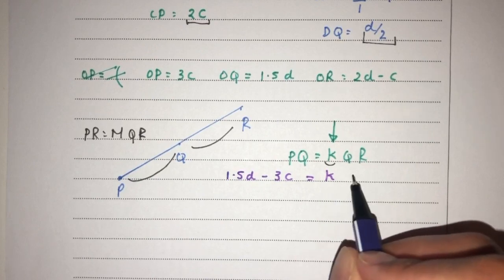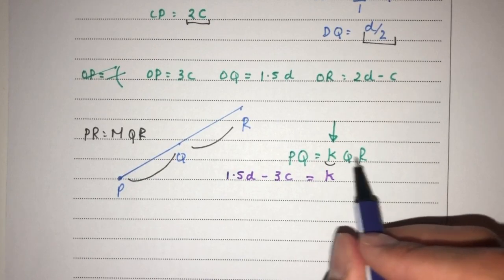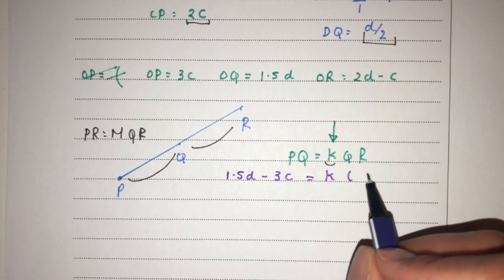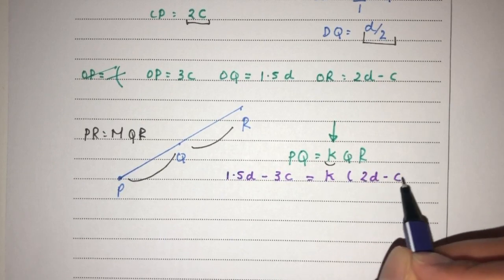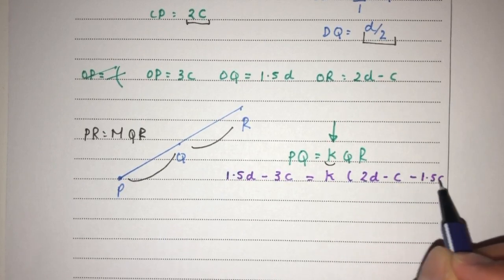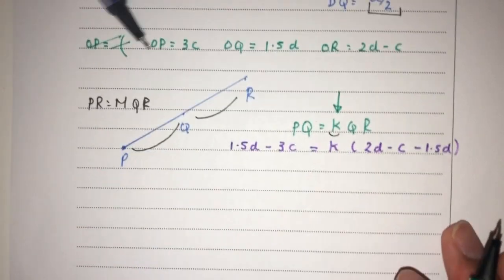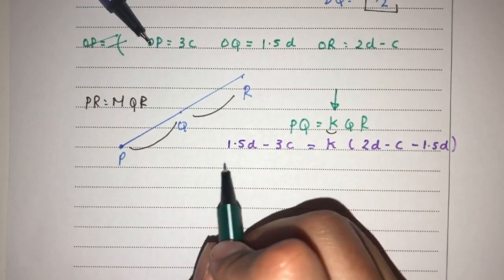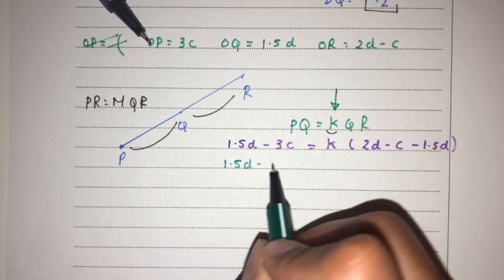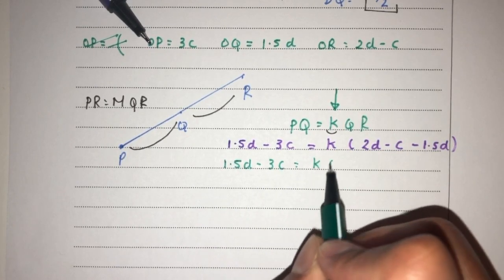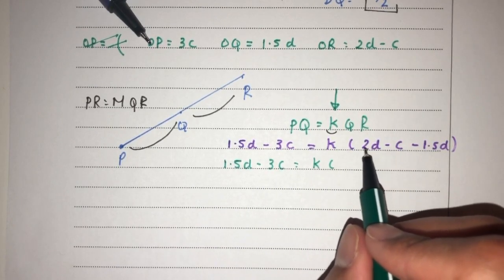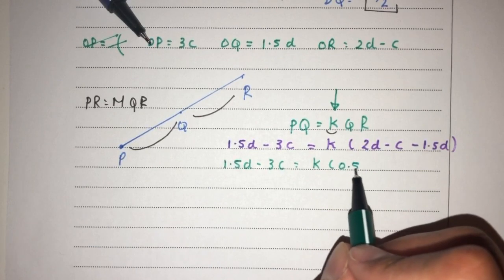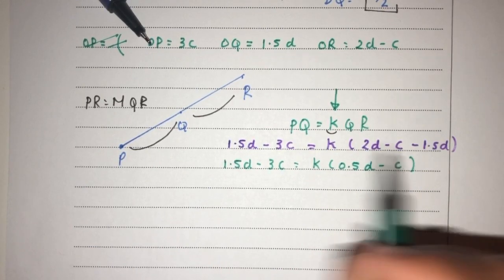That equals K, which we don't know, times QR. And QR is what? It is OR, 2D minus C, minus OQ, which is 1.5D. So let's simplify. That will be 1.5D minus 3C, okay? That will be K times, and that will be what? 2D minus 1.5D is 0.5D, minus C.